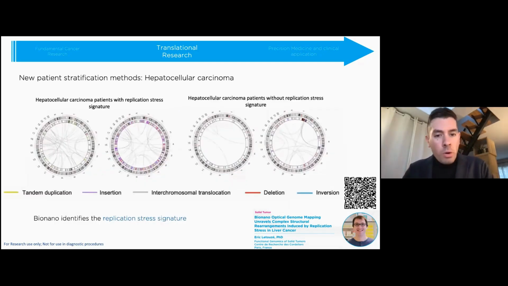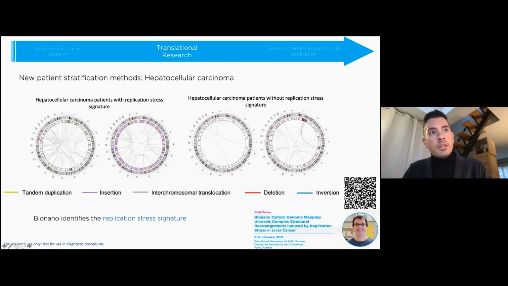And in the same cohorts, the automatically generated Bionano results were sufficient to cluster patients based on the presence of replication stress due to the deregulation of the cell cycle following HPV infection. And these patients harbored a lot more chromosomal instability, and you can see at the center the tremendous amounts of interchromosomal translocation in addition to tandem duplication and insertion that are reported here, slightly differently from the circos plot that we generate.